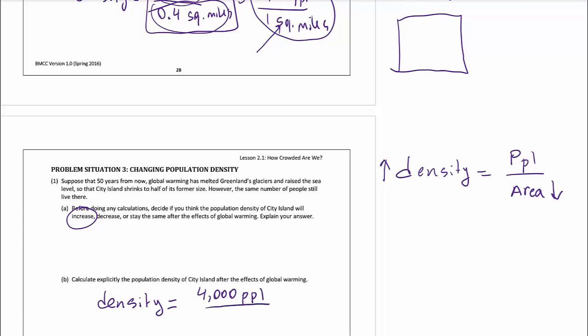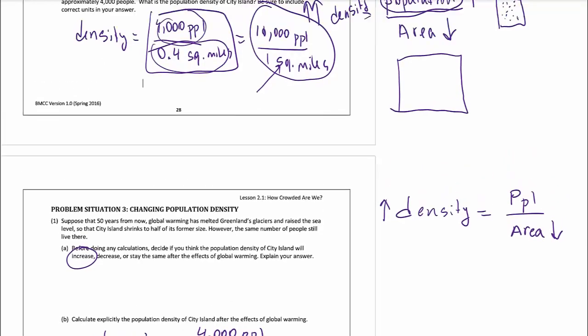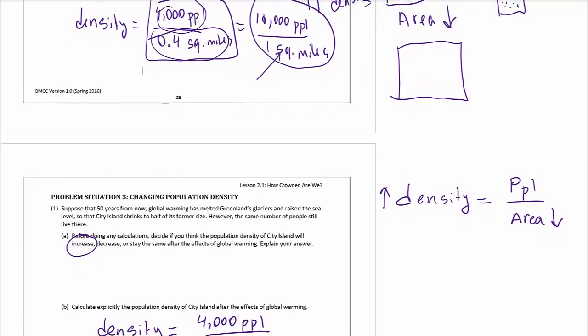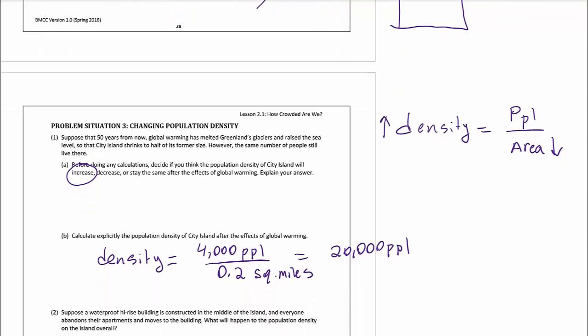But now the island is only going to have half of its former size. So it's going to be 4,000 divided by 0.2 square miles, half of its size. And when we do the division, we get 20,000 people per 1 square mile of space.